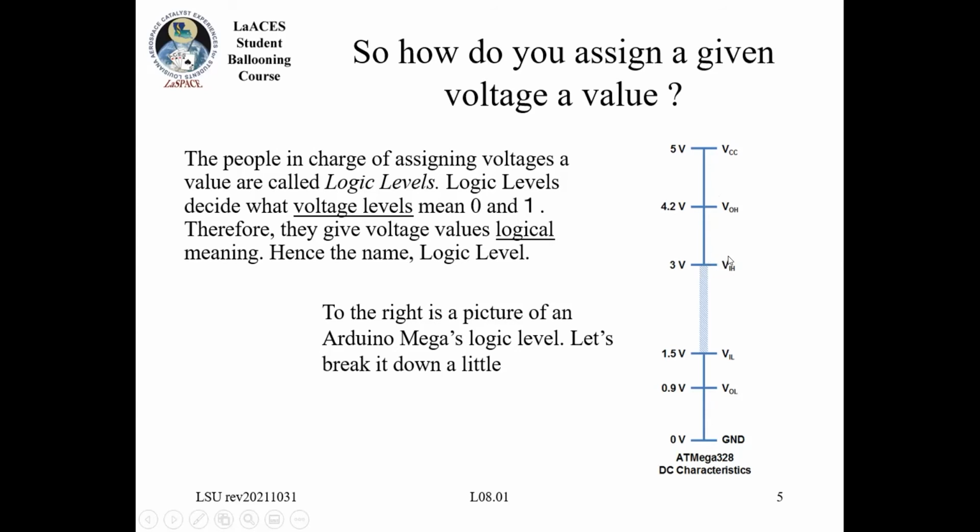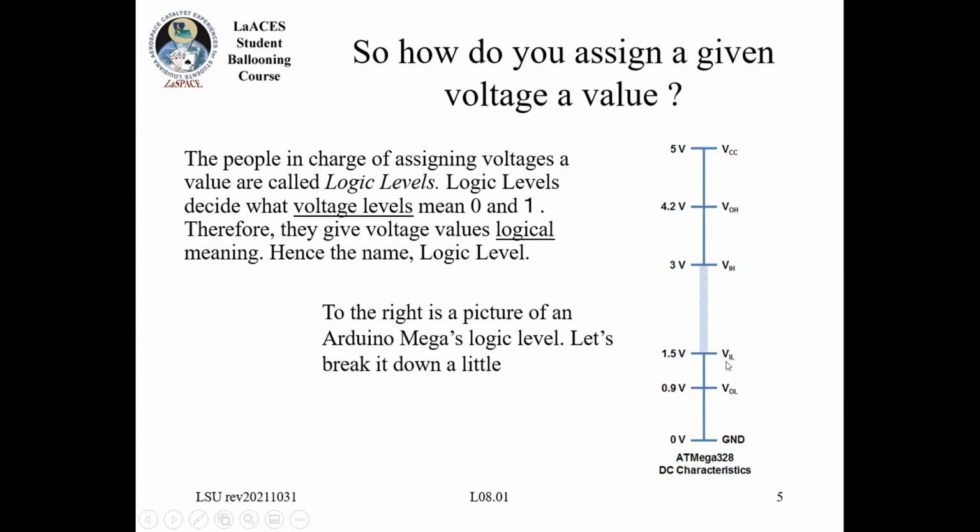VIH is the minimum value to be considered a high voltage, or a high. So anything on the input greater than 3 volts will be interpreted as a high by this logic. And you can see this makes sense that the output value for a high is larger than the minimum value that it will accept as a high.